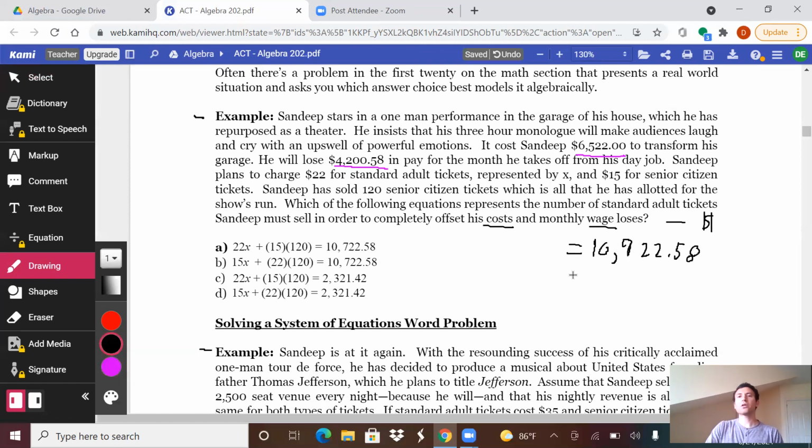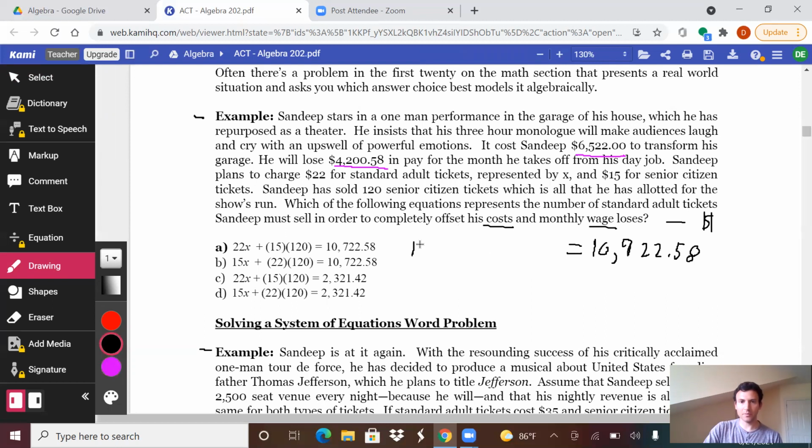Okay. So we need to figure out how many standard adult tickets he needs to sell in order to cover this cost. But we know that he has already sold 120 senior citizen tickets, and that's all he plans to sell for senior citizen. So we need everything in terms of price.